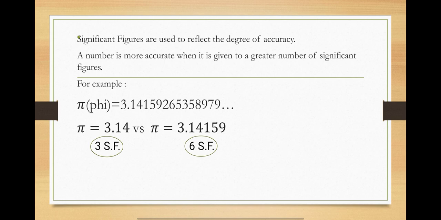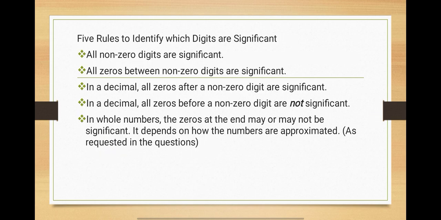You may think it is that easy, but actually it just happens to have no zero at all. So all non-zero digits are significant, and in this case it is easy. But what if there's a zero? The second rule: all zeros between non-zero digits are significant.